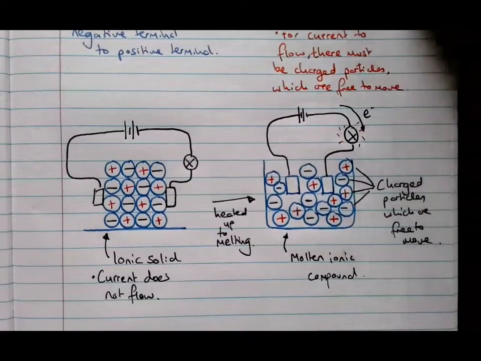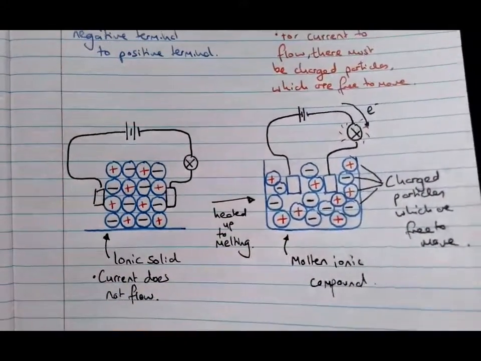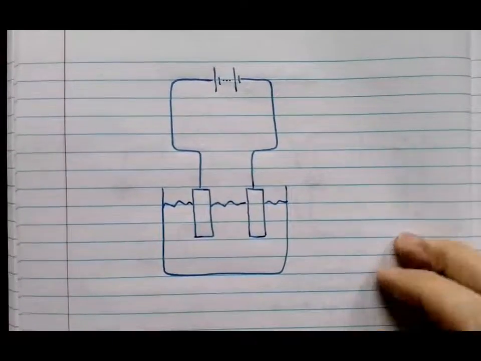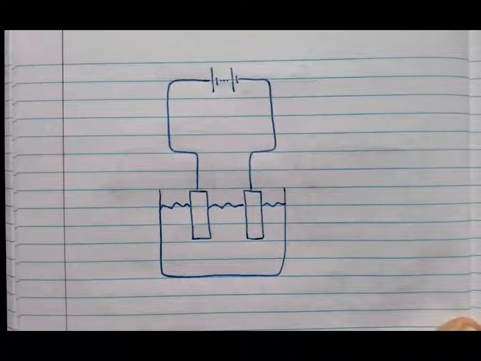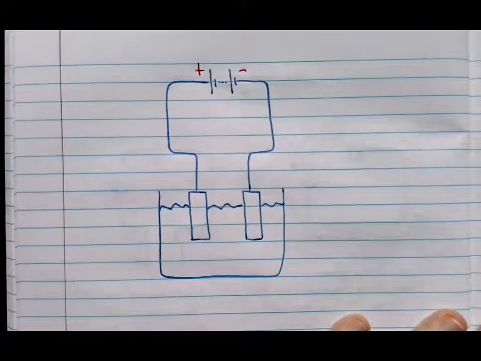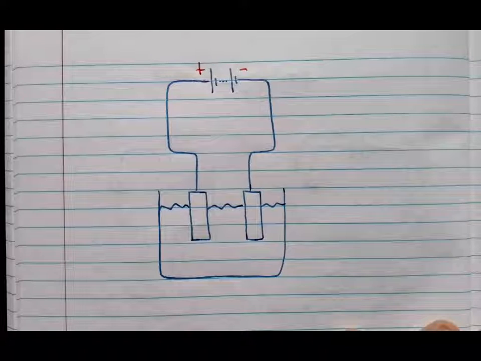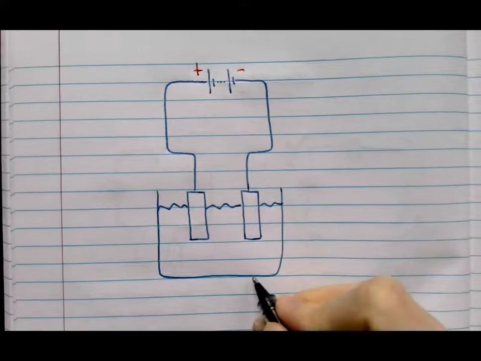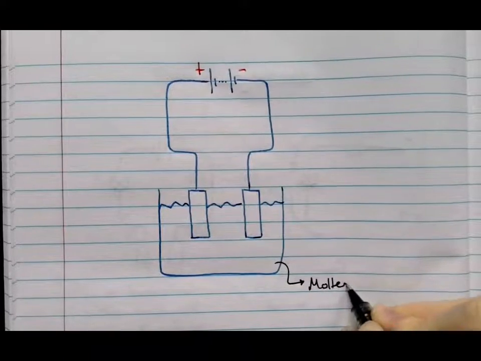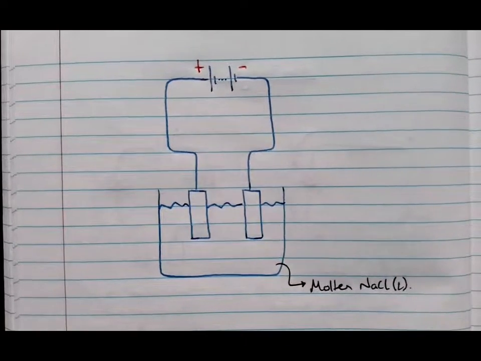So let's now think about this in a little bit more detail with an example. So I've drawn out another setup here. We need to remember that this is the positive end and this is the negative end. Now, I'm not going to draw out all the ions again, or else it will get a bit complicated. But let's suppose that this is molten NaCl. So NaCl liquid.